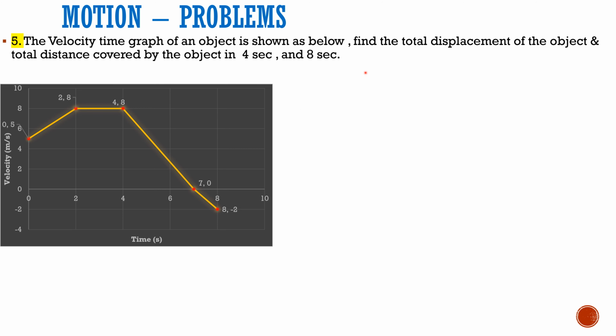So again, going back to our basics, the distance will be the magnitude or sum of all the distances, whereas in case of displacement, it is direction. Now, velocity-time graph, what it indicates: basically the area under this velocity-time graph would indicate the distance or the displacement.